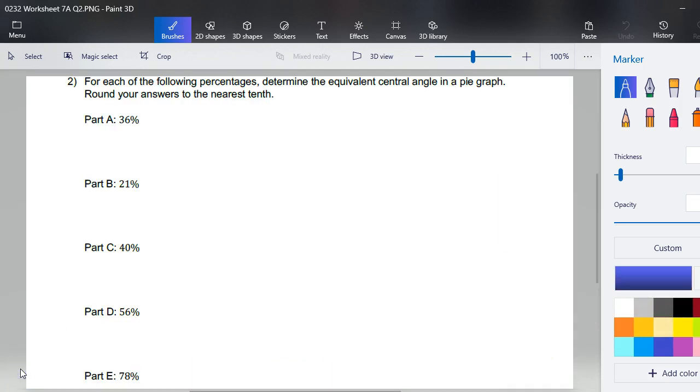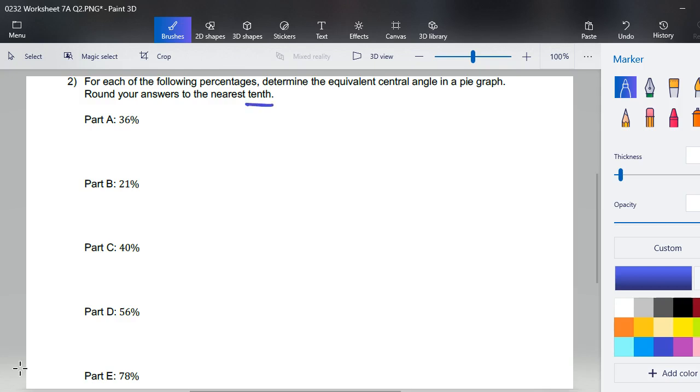Go ahead and hit pause and do all of question 2, and then come back and we'll work on it together. Question 2 states, for each of the following percentages, determine the equivalent central angle in a pie graph and round your answers to the nearest tenth.